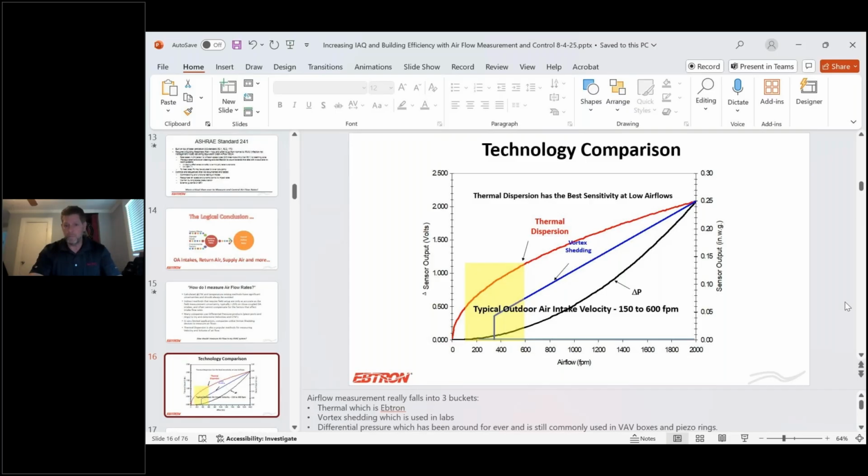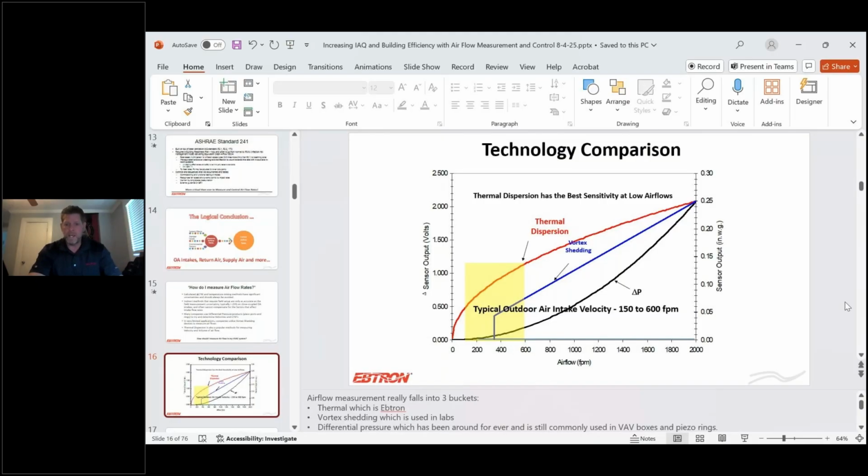Because if you go across that coil at a higher velocity than 500 feet per minute, you have the potential of spitting moisture off the coil downstream into the system, and you don't want moisture in your ducting system because it creates mold and mildew. So you reduce the velocity across your chilled water coil to prevent that. I've seen filter specs up to 625 feet per minute, but as low as 350 feet per minute across a filter. So we're dealing in relatively low velocities.